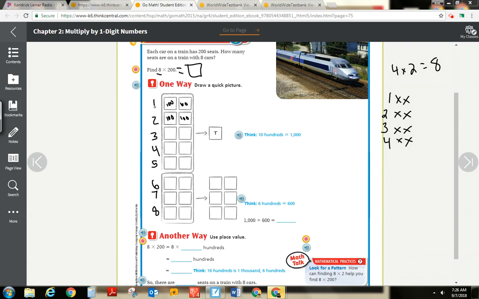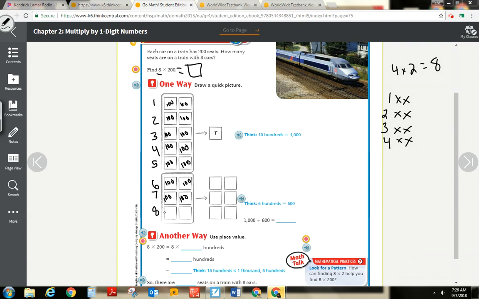See? One row of 200, another 200, 200, 200, 200, 200, 200, 200. So as they made this array, it's very similar, but instead of X's, they're putting that hundreds block in there, and we can just go ahead and count them out. I'm labeling these as the 100 blocks. You don't need to, you just make the hundreds square.